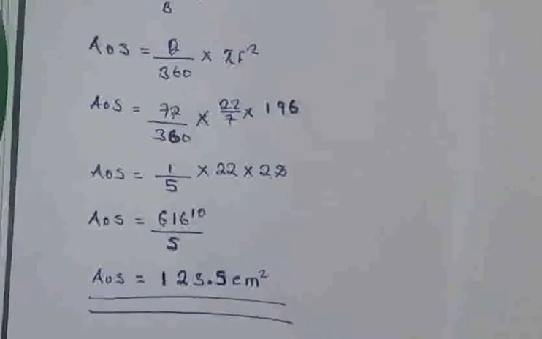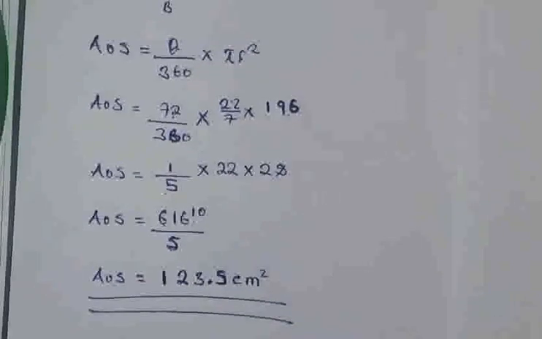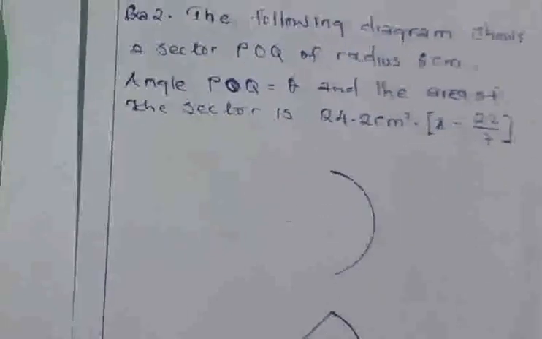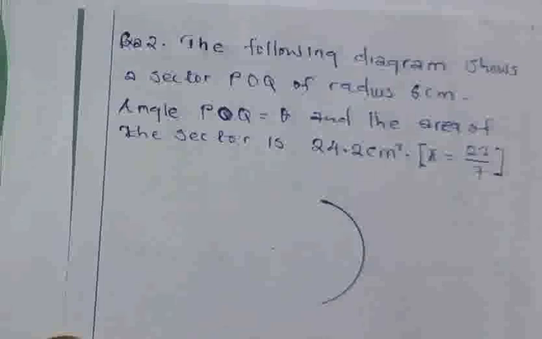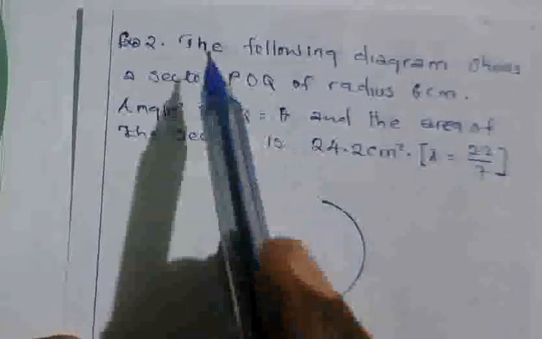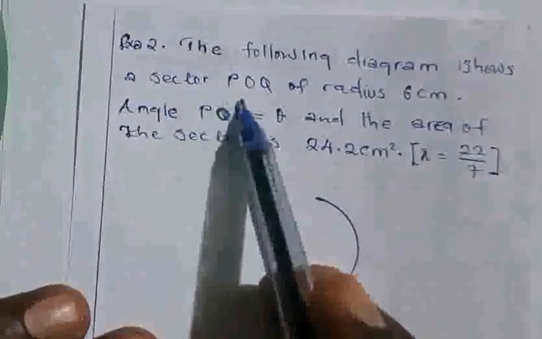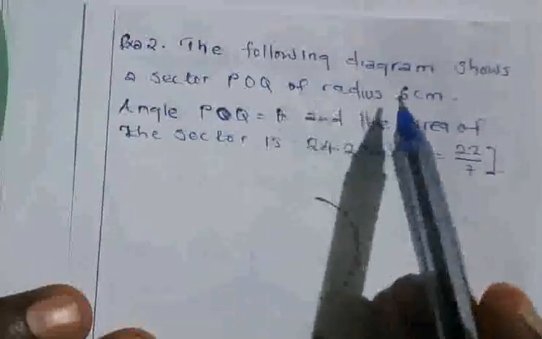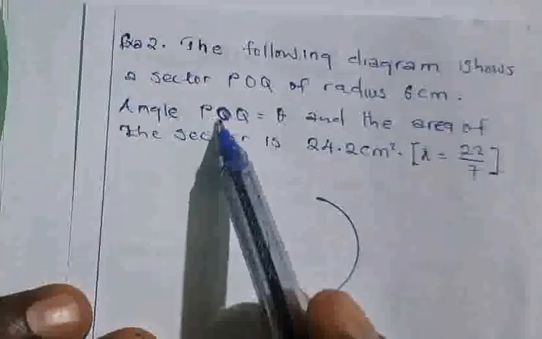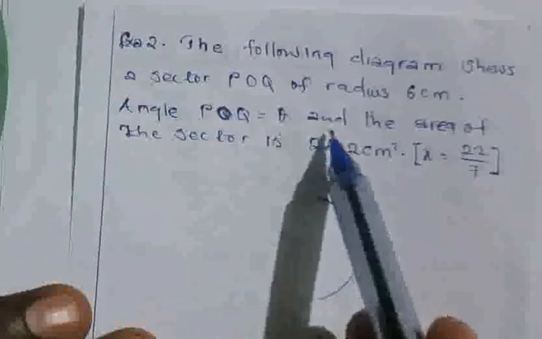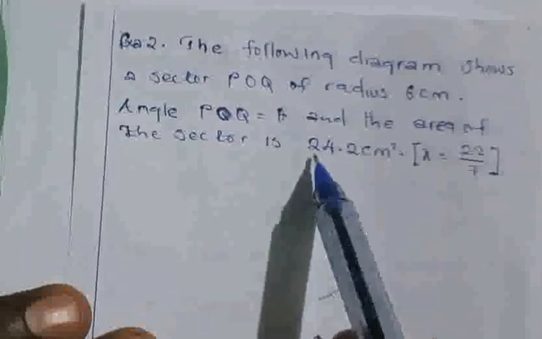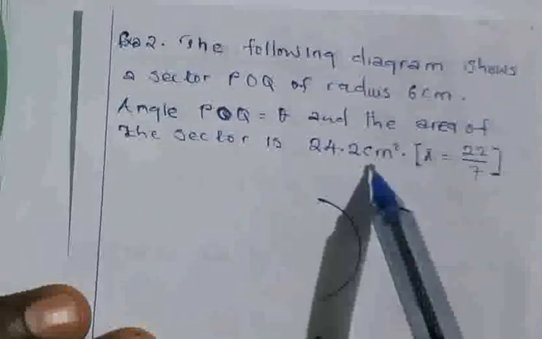Let's look at example number 2, where we're going to find the angle theta now. All right, so this is the question here. Don't mind about this. I messed up when I wanted to draw the sector, how it appeared. So this one says the following diagram shows a sector POQ of radius 6. Angle POQ is theta, and the area of the sector is 24.2 centimeters squared.